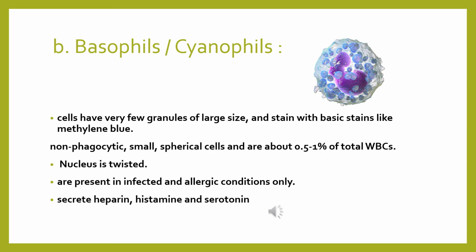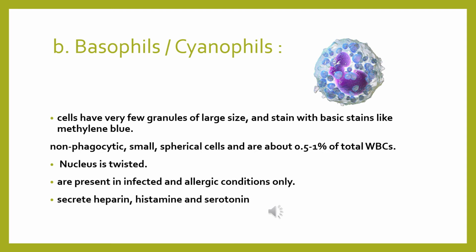Basophils are also called cyanophils. They are the type of granulocytes in which the cytoplasm shows the presence of granules. In this type of cell, basophils show the presence of few granules, but they are bigger in size.